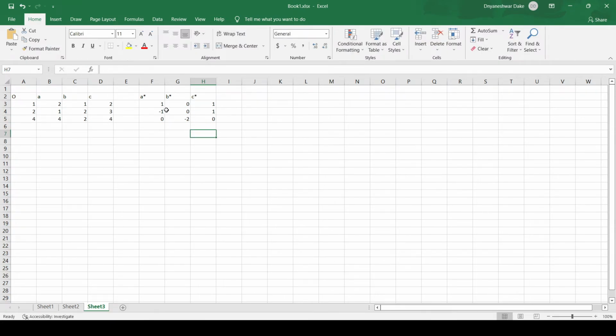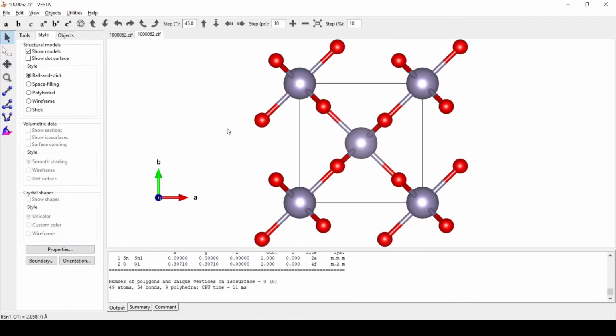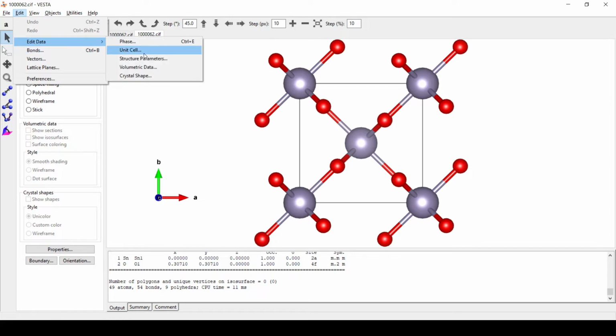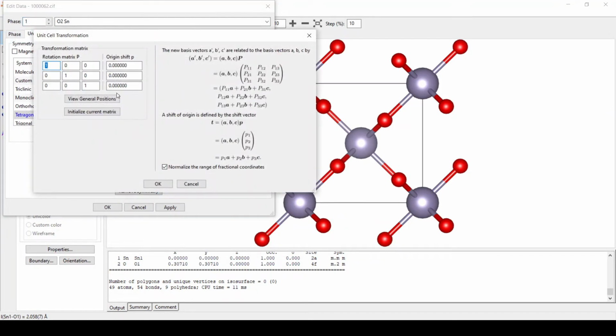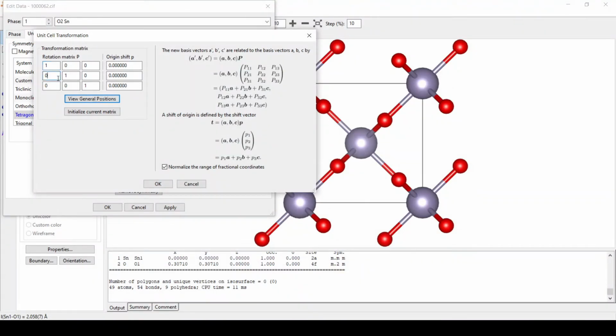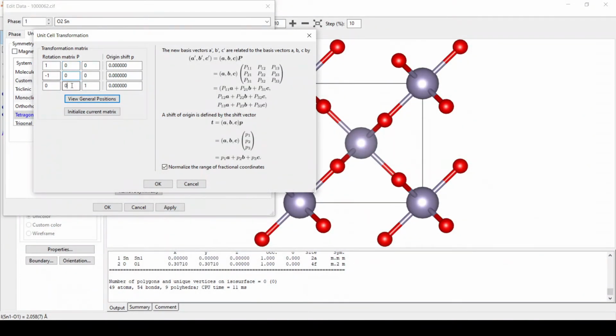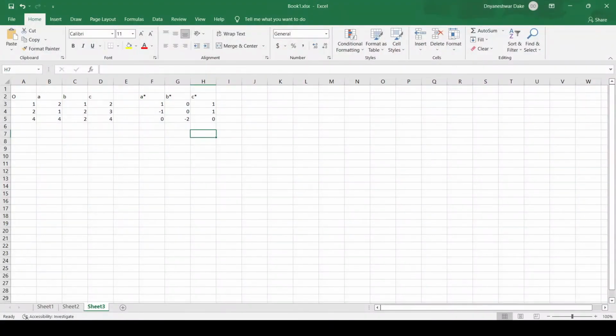We use this matrix in transforming the unit cell that we have. So for this, we once again import our unit cell and now go to edit data, unit cell, transform. Here we will insert the matrix that we have just calculated, that is 1 minus 1 0, 0 0 minus 2, and the third one is 1 1 0.